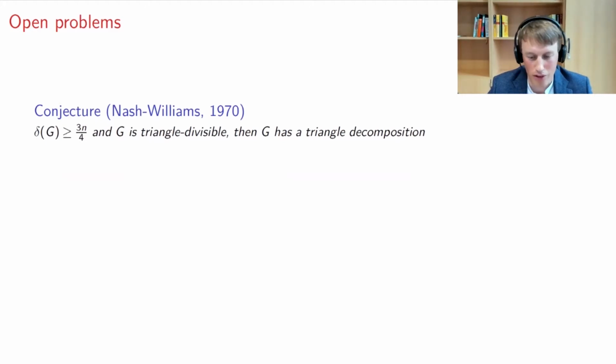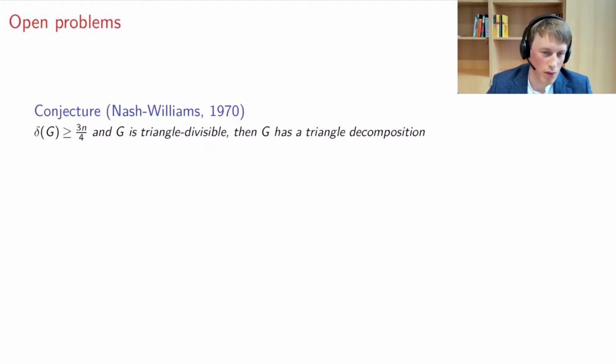If you want to decompose it into triangles, you better have that the number of edges is divisible by 3. And a little bit more complicated, but still very easy, consider a single triangle. It will either contain a vertex or not, but for sure it will cover an even number of edges incident to every vertex. Hence you better have that each vertex degree is even if you want to have a triangle decomposition.